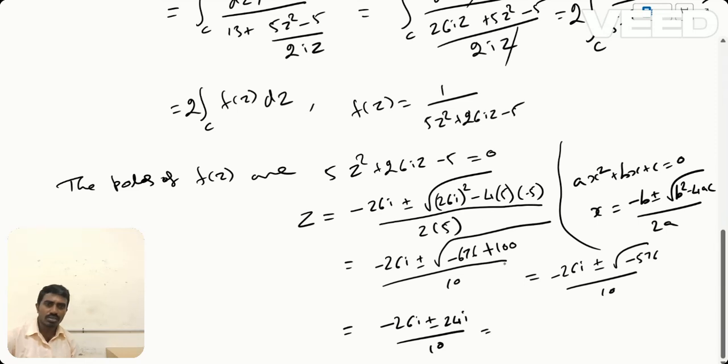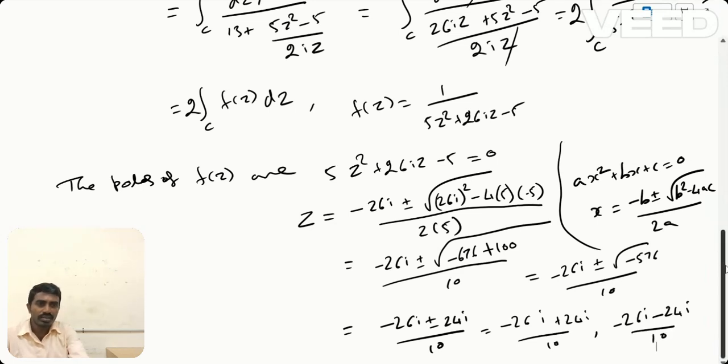So there are two roots, that is minus 26i plus 24i by 10 and another one is minus 26i minus 24i by 10. Now simplify further, then what you may get?